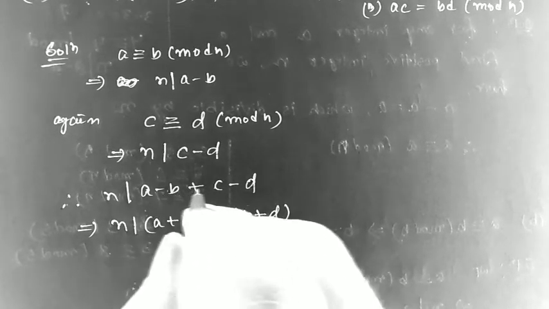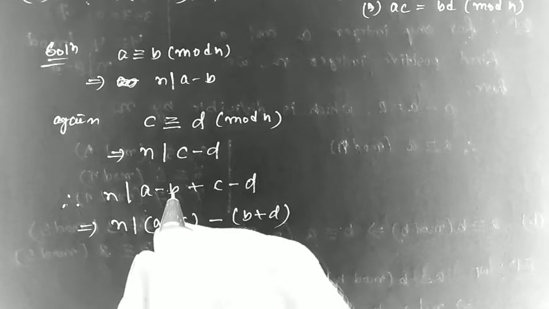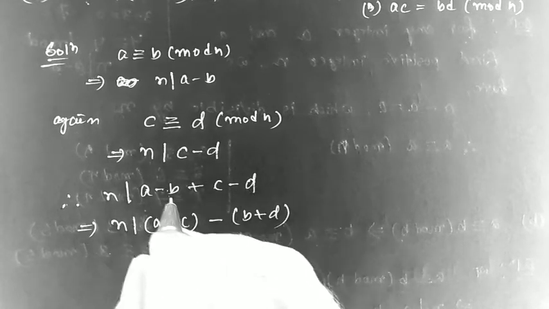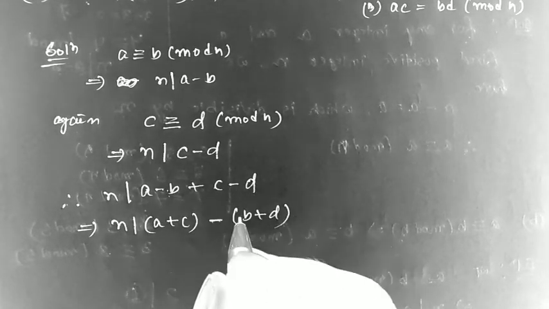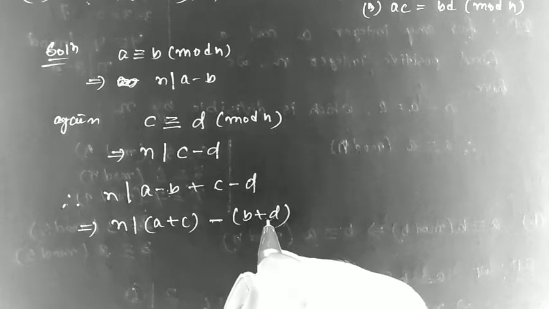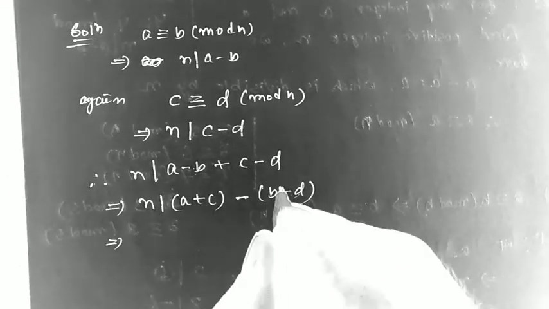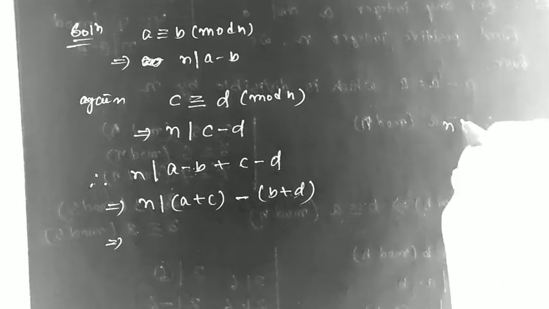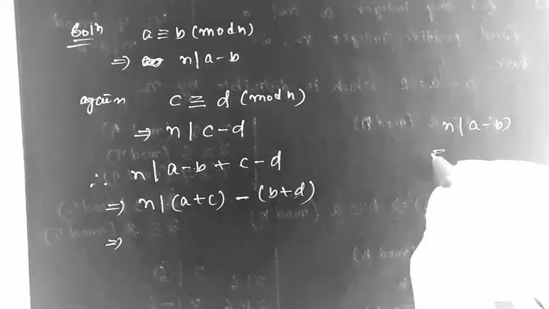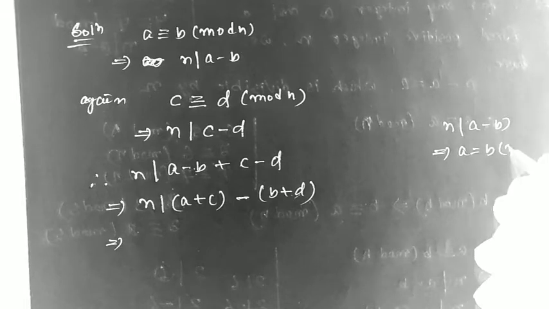Since the minus sign is present in front of both B and D, minus is taken common and B and D are written together with plus. So if we consider this one a single number and this one a single number, n divides A minus B can be written as what? A is congruent to B mod n.